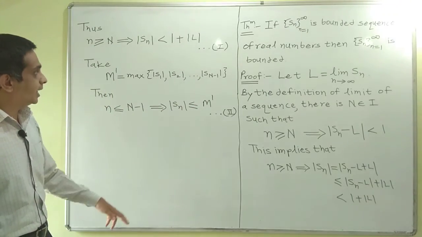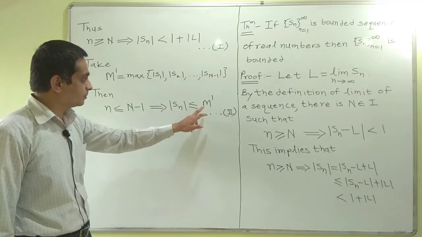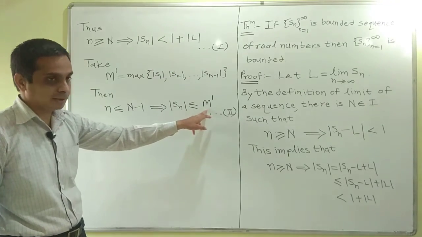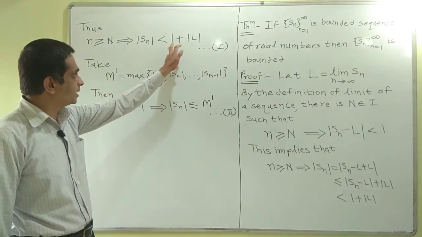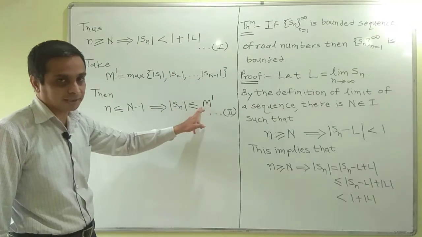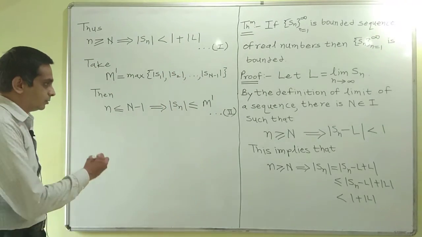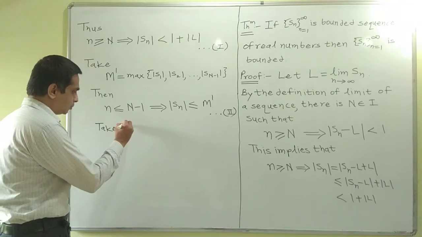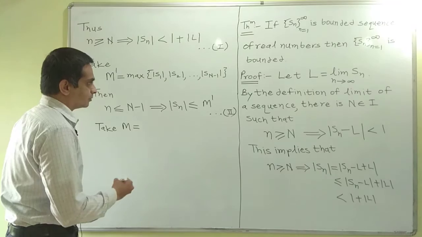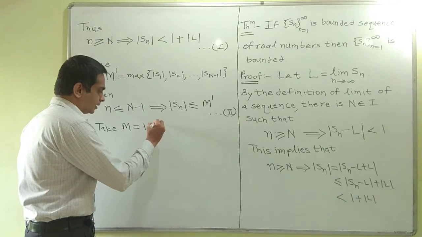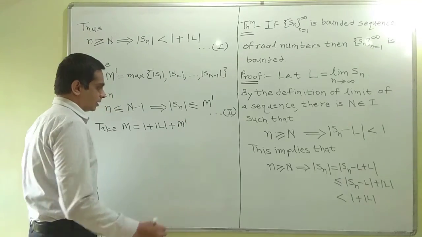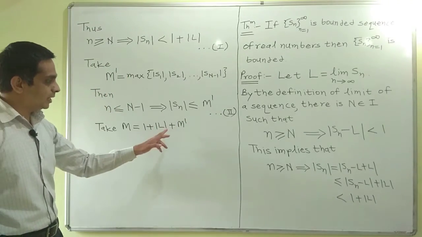So one can easily identify using these two statements. If we take the maximum of 1 plus mod L and M dash, or any number which is greater than 1 plus mod L and M dash, will work. So take M equal to, say I choose a number which is greater than 1 plus mod L and M dash.